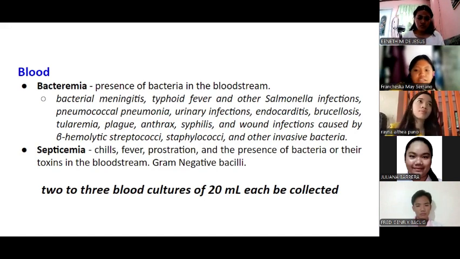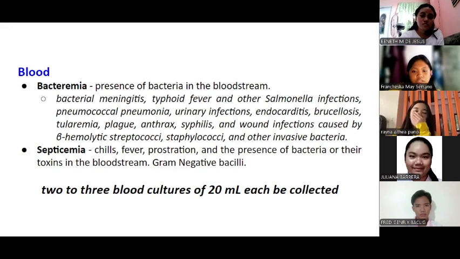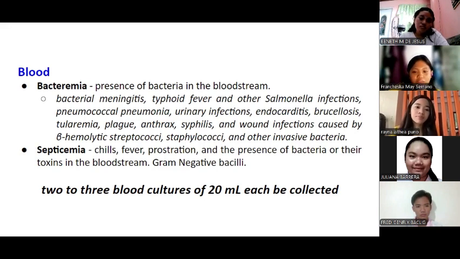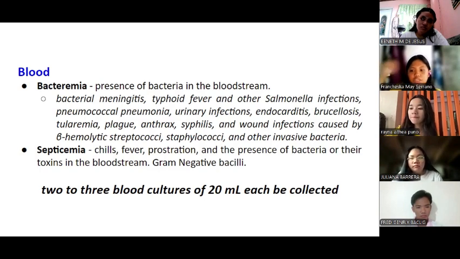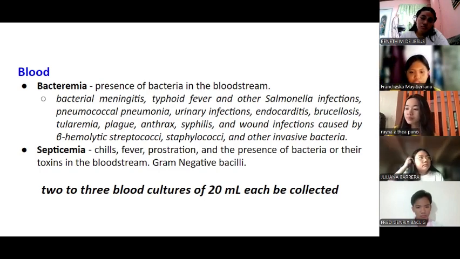Bacteremia doesn't always necessarily cause symptoms or illness unless there is an overgrowth. Bacteremia can occur from certain activities like brushing of teeth or any other medical procedures.